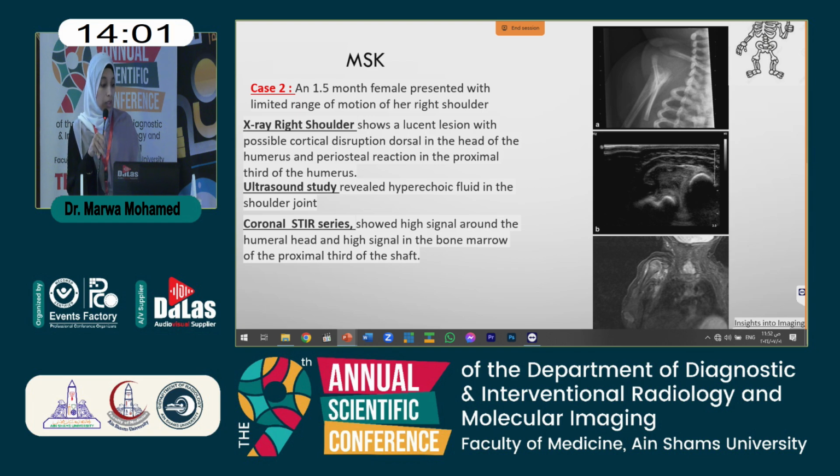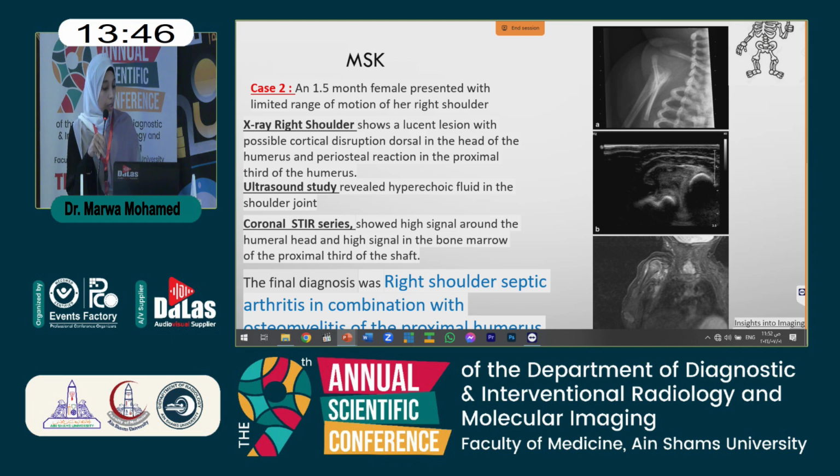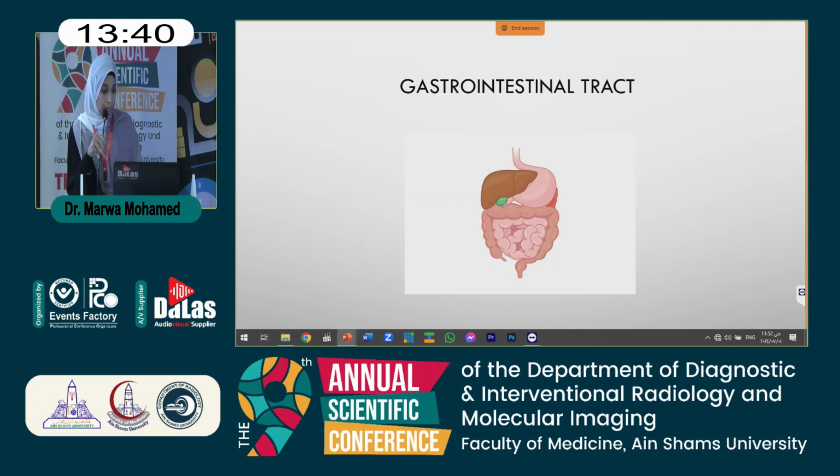Ultrasound study revealed hyperechoic fluid in the shoulder joint. Coronal STIR series showed high signal around the humeral head and high signal in the bone marrow of the proximal third of the shaft. The final diagnosis was right shoulder septic arthritis in combination with osteomyelitis of the proximal humerus.